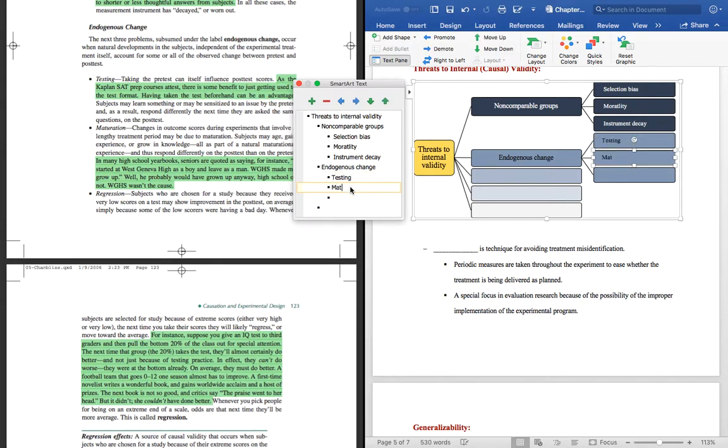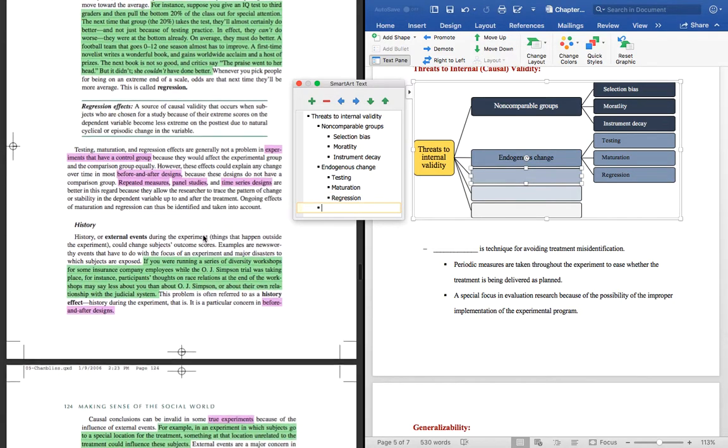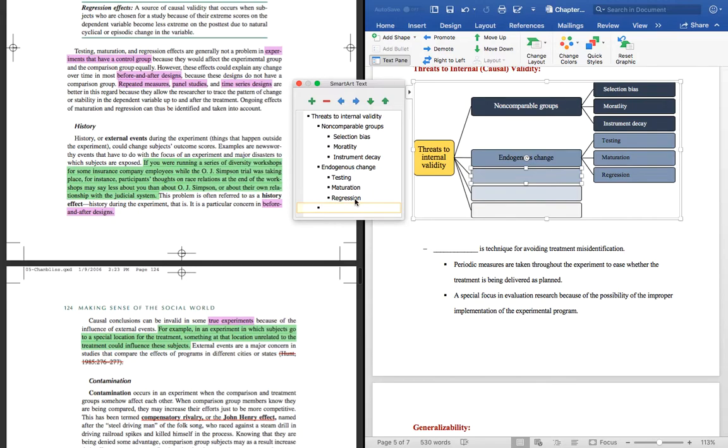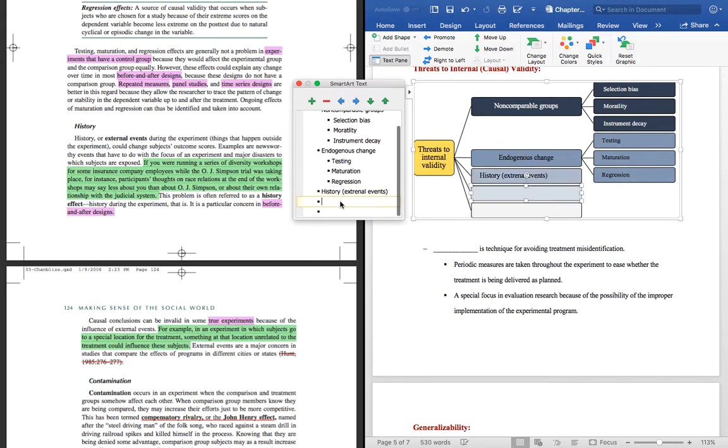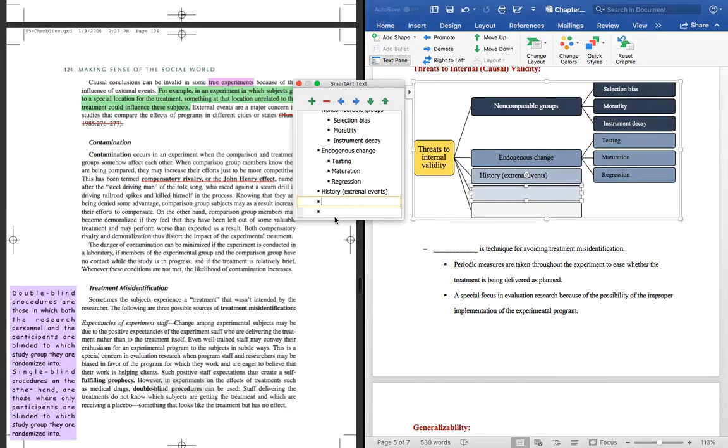We have maturation. We have regression. And then the third threat is history or external events. The next one is here, contamination. And then the last one is treatment misidentification.